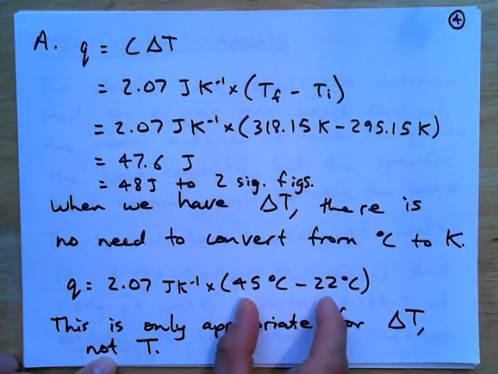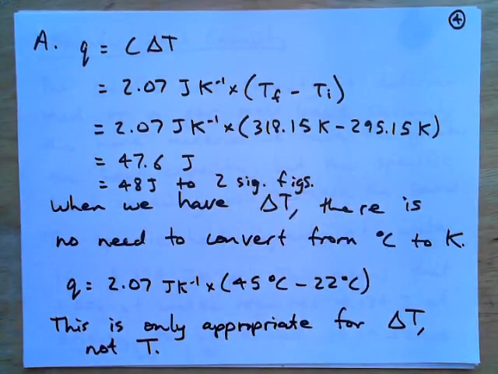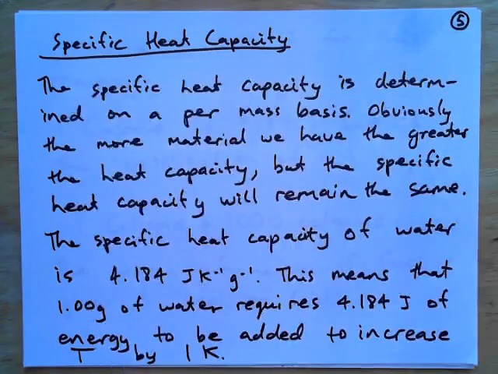So the difference between these two is the same as the difference between these two. So this is only appropriate for delta T, not T. So it's only in these special cases where we have a change in temperature that we can neglect the need to use Kelvin. If you're using, say, the ideal gas equation and it calls for T, you must use Kelvin still. It's only for delta T.